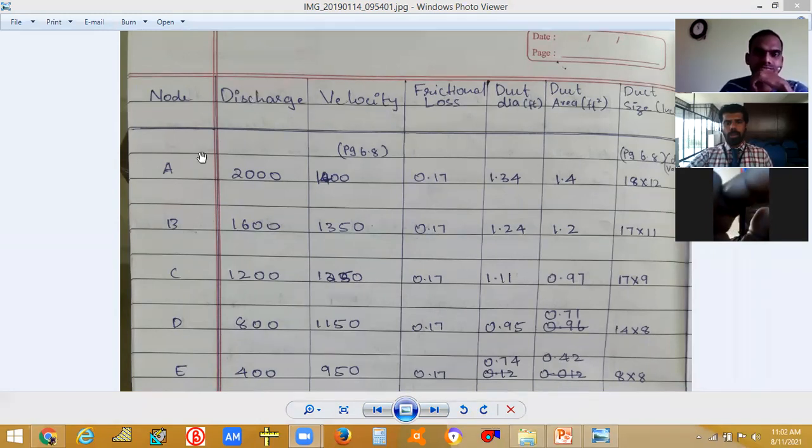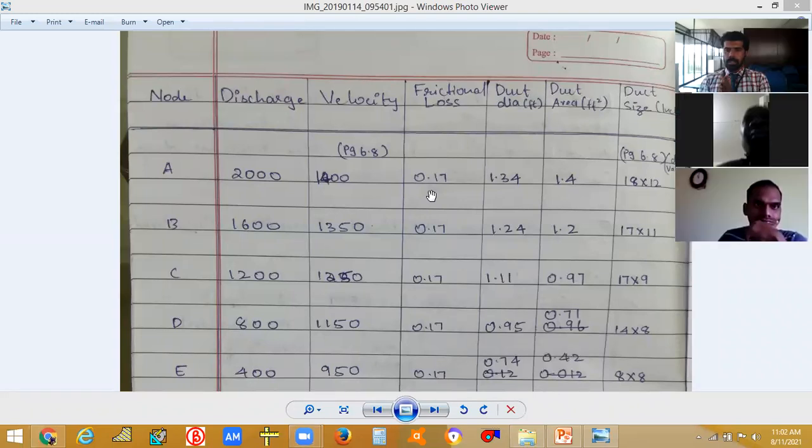So what I'm saying is, if you get 0.17 as the friction loss, the method that we are using here is the equal friction method, right? So if you are using the equal friction method, we have to give the friction loss constant for all other nodes.